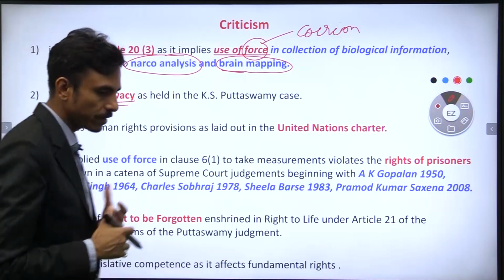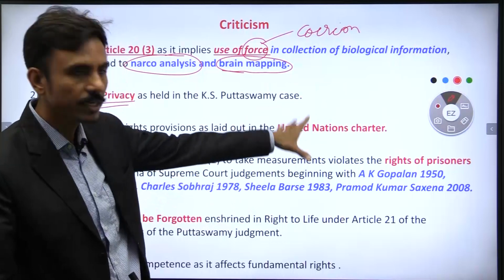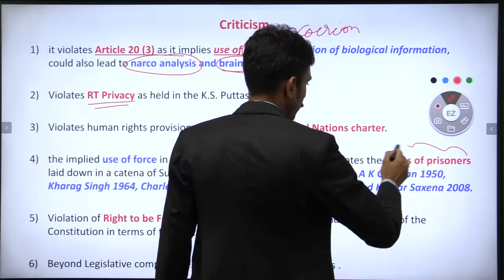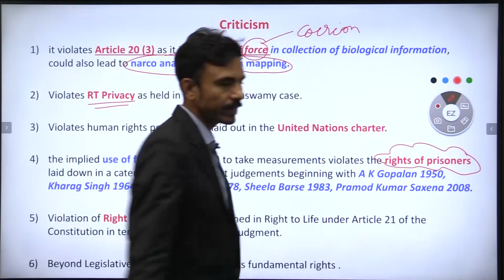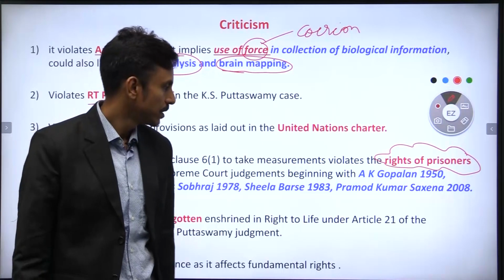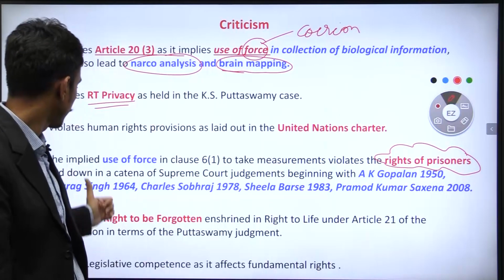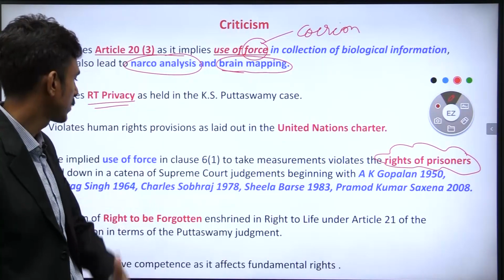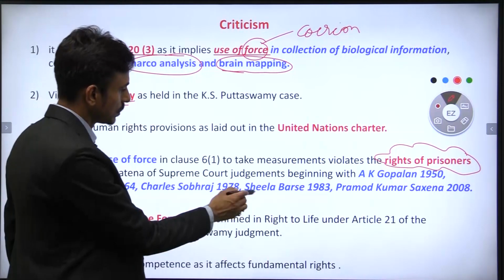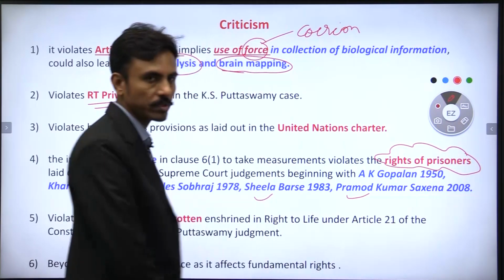Guys, when you are using force, it in this sense violates the rights of the prisoners, right? Because the Supreme Court in many cases has determined the rights of the prisoners, and there is a catena of Supreme Court judgments like A.K. Gopalan 1950, similarly Kharak Singh case 1964, Charles Sobraj case of 1978, Sheela Barse case of 1983, and Pramod Kumar Saxena case of 2008.